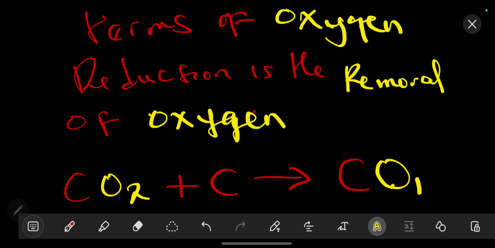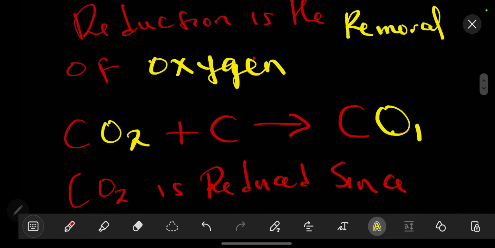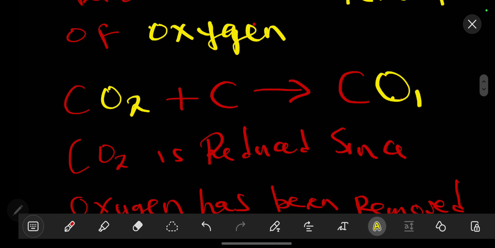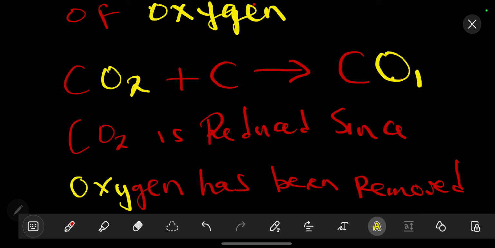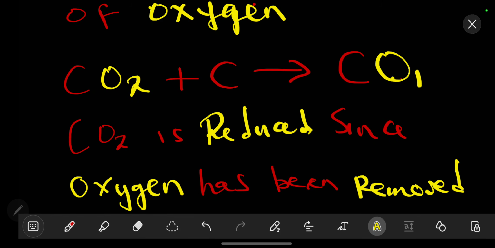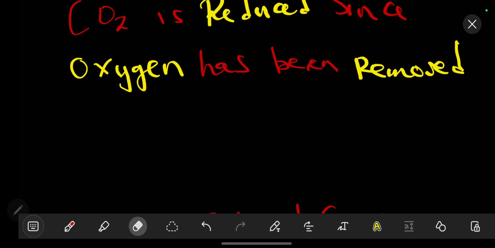As long as oxygen has been removed, that's reduction. So carbon dioxide is reduced to carbon monoxide since oxygen has been removed.